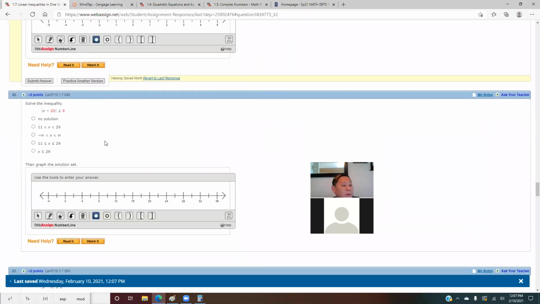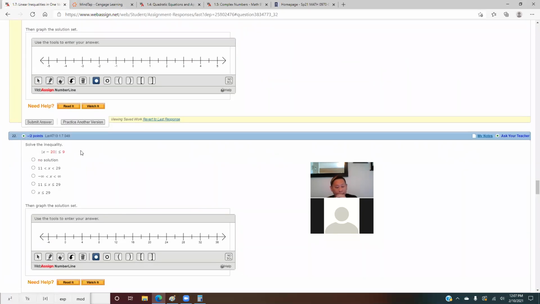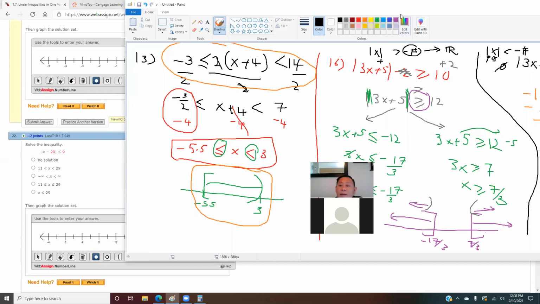Try to do question number 22. You want to try to do number 22? Because this is a positive number, your answer is not no solution. This one looks like, which one you want to do, number 22?